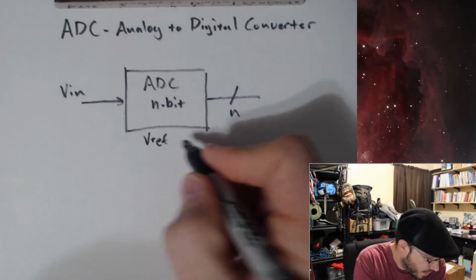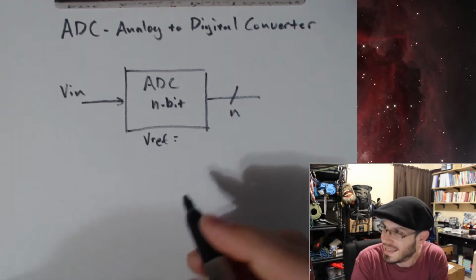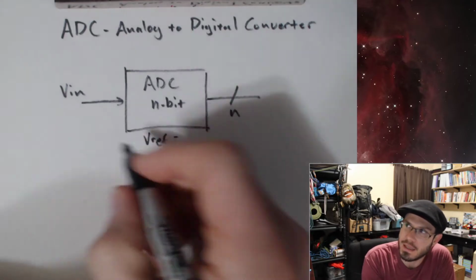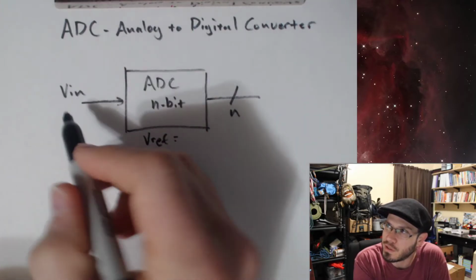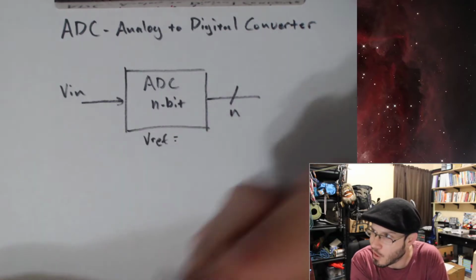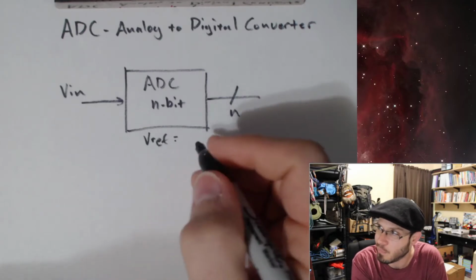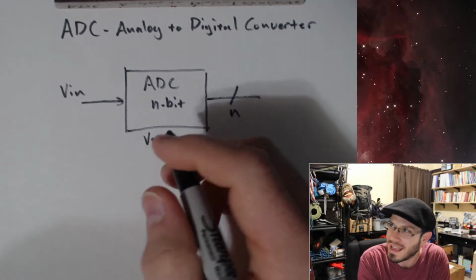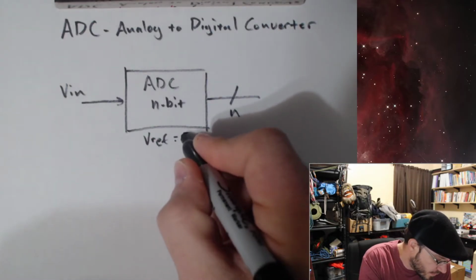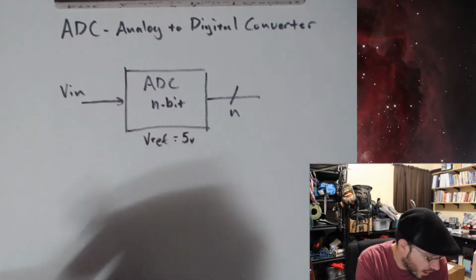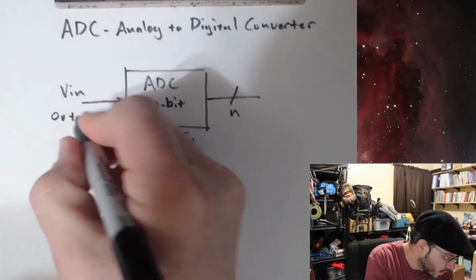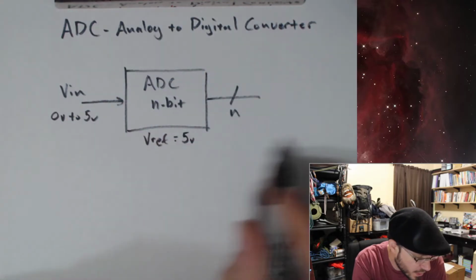And all the same things that we said about a digital to analog converter is applicable to this. So we have some analog voltage coming in, and we need to specify the range. So we're going to have a VREF as well. So let's just go ahead for the sake of example. All of my examples are going to use a VREF of 5 volts, just like I did with the digital to analog converters. So our VREF is 5 volts, and so that'll mean our VIN is going to be 0 volts to 5 volts and all values in between.